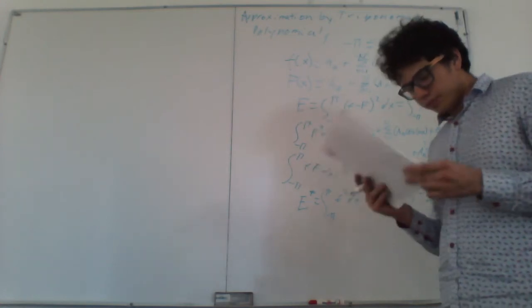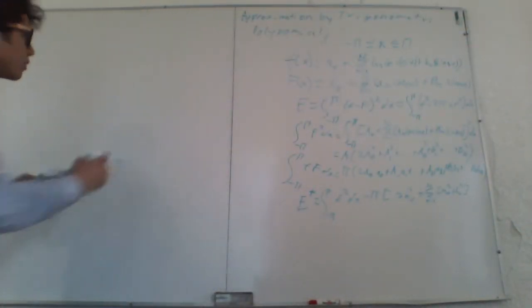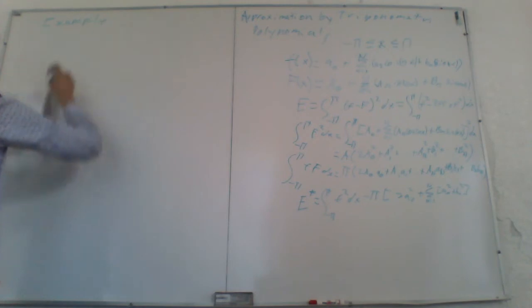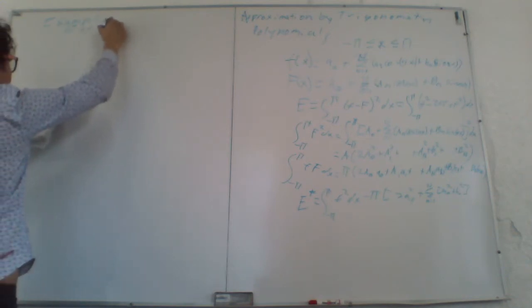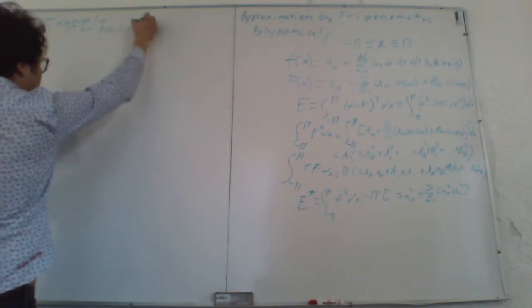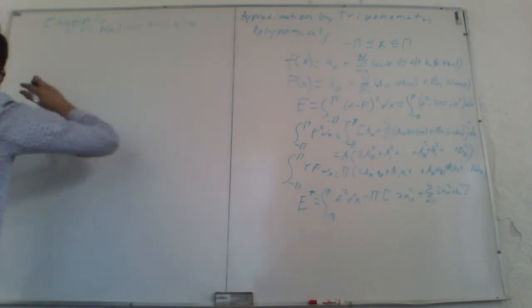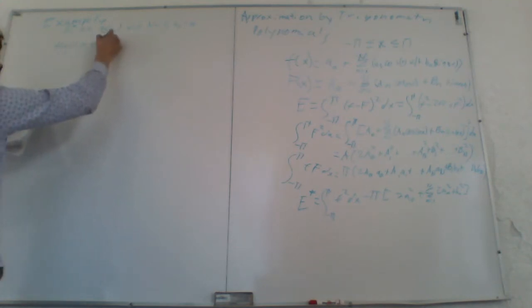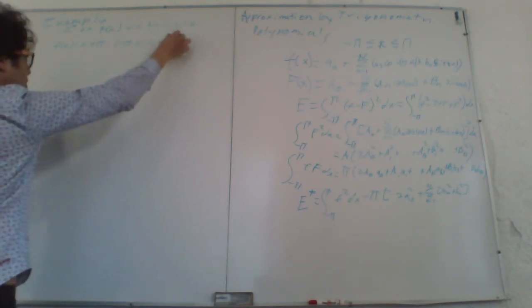Okay, so we are going to solve an example. We need to calculate the minimum square error of f(x) with n equals 1, 2, and 10 if we want. So f(x) is equal to x plus pi, for x between minus pi and pi.